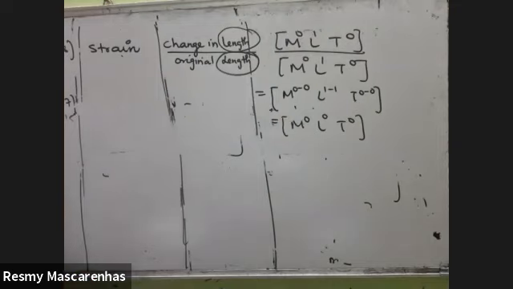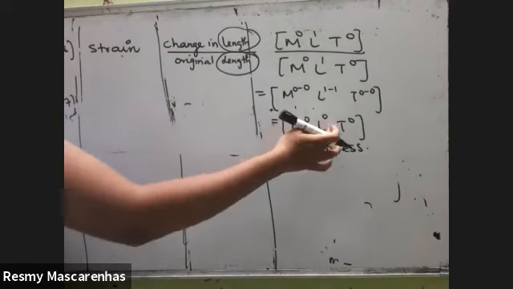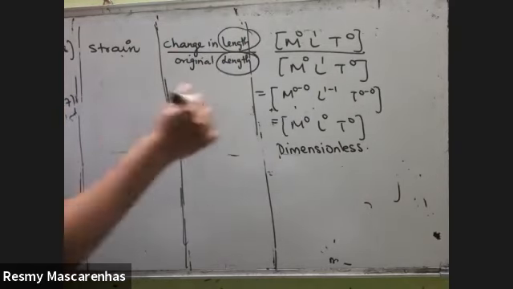Strain doesn't have any dimension, so that's why it is called dimensionless. To pronounce also it becomes so difficult. Dimensionless. Because length and length will cancel out each other, nothing is remaining. So it doesn't have any unit.